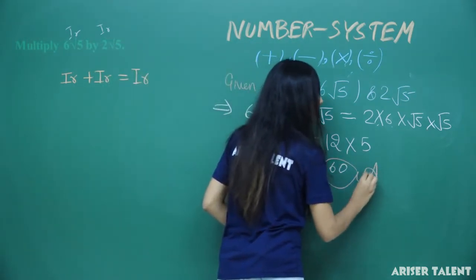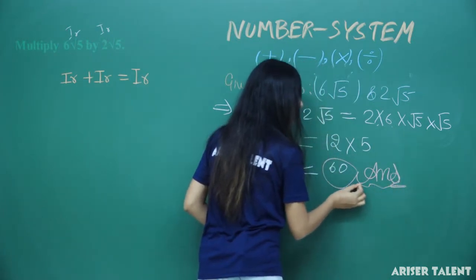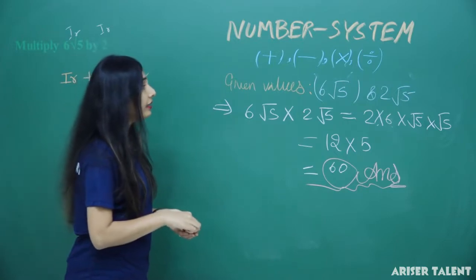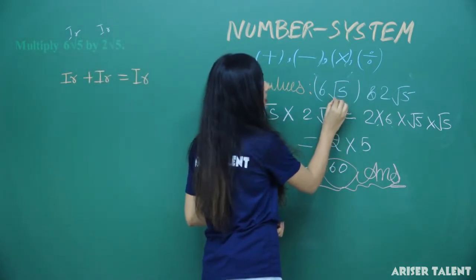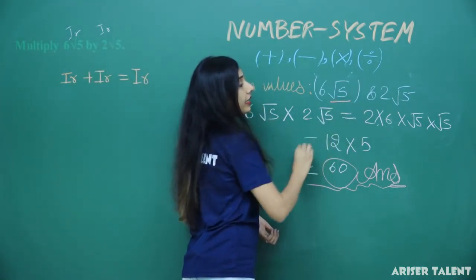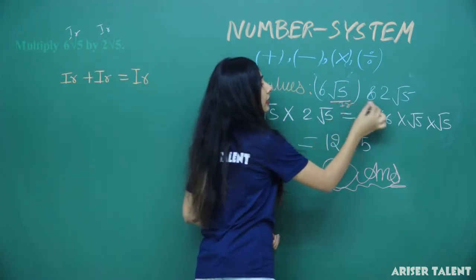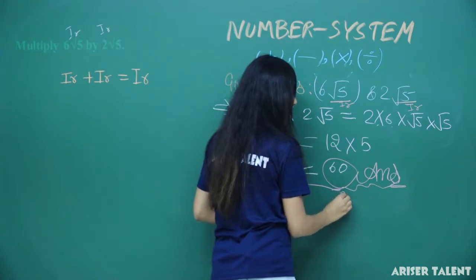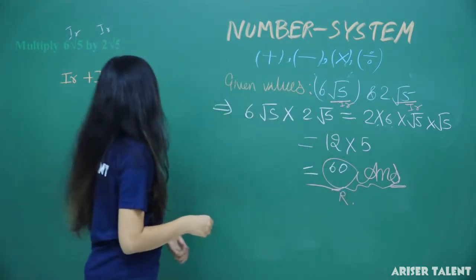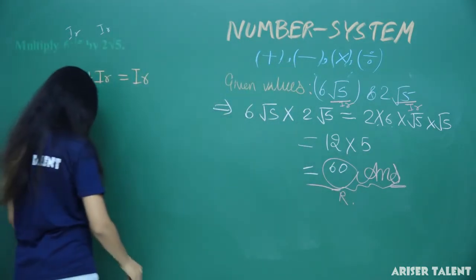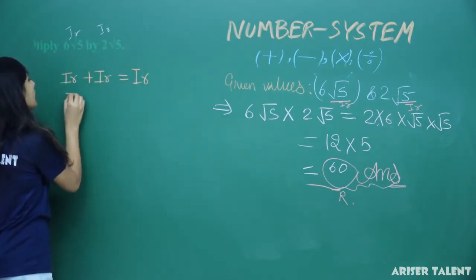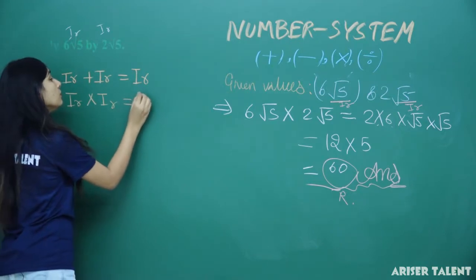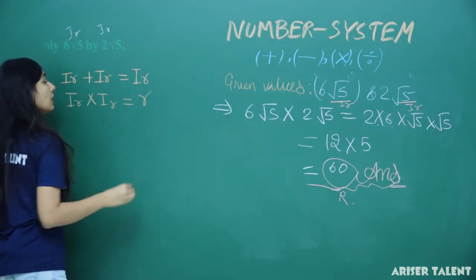Okay. Now, the answer is another thing, but what you have done here is that this is an irrational number, this is an irrational number, and your answer is simply a rational number. So, that means we find that irrational multiplied by irrational is equal to rational.